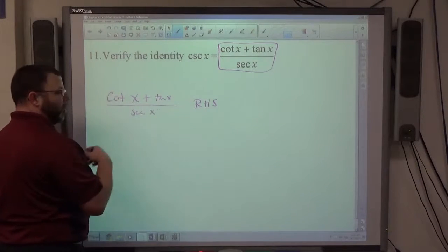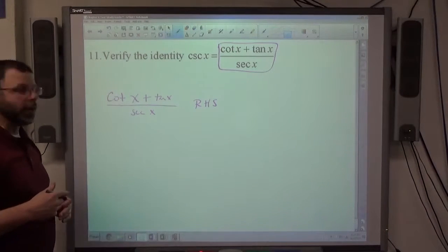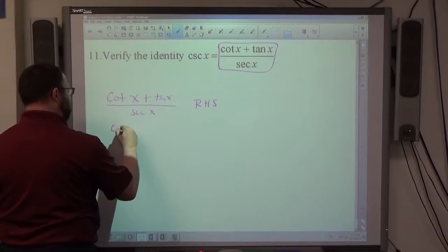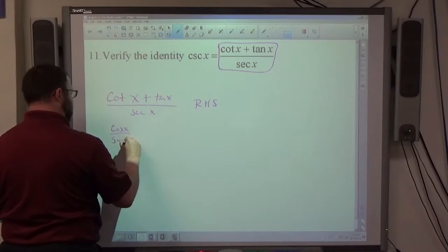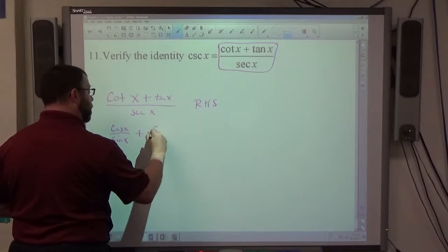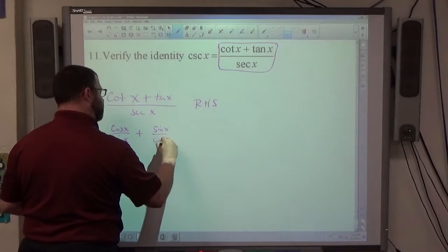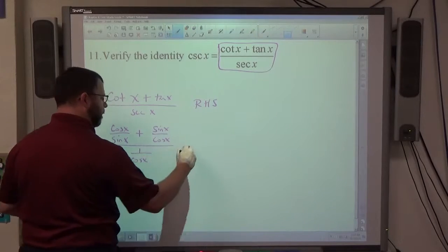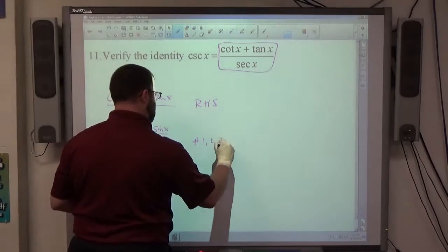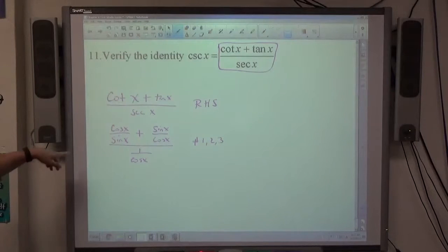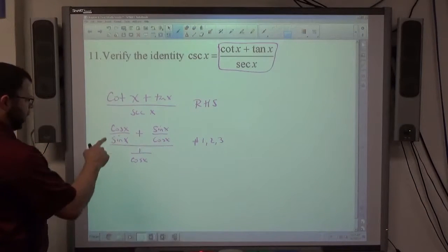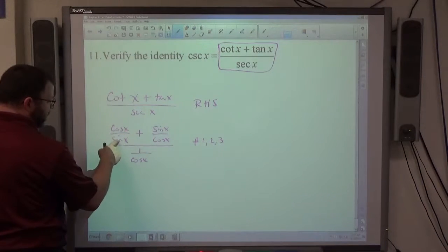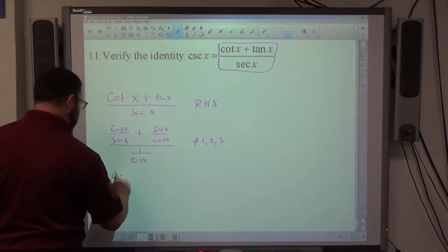Cotangent, tangent, secant, they're all able to be written in terms of cosine and sine. So cotangent is cosine over sine, number 2. Tangent, sine over cosine, that's number 1. Secant's 1 over cosine, that's number 3. Next, if I multiply everything times sine cosine, the sines cancel, I get cosine, which is cosine squared.